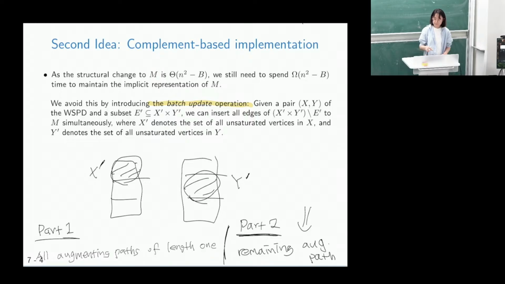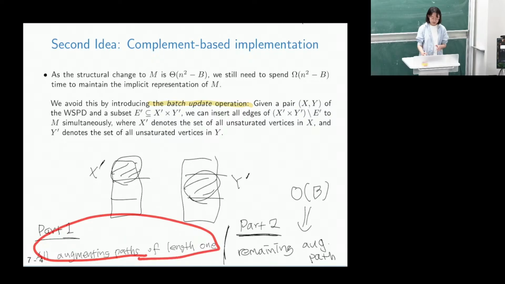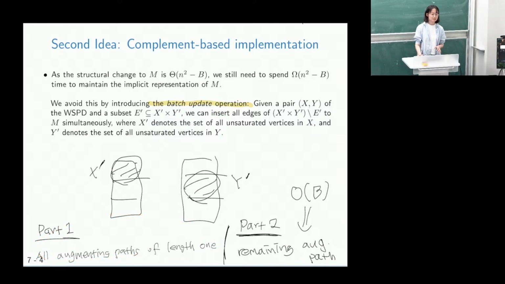The complexity of the augmenting paths in the second part is order of B. This is what we proved in our paper. And the high complexity comes from the first part. And for the first part, we don't need to compute all augmenting paths explicitly because they have a certain structure.